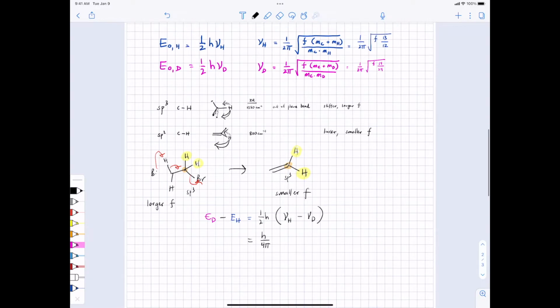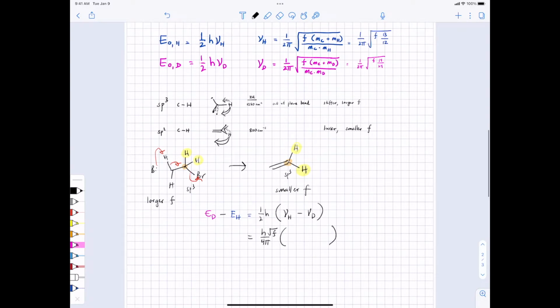And we could also factor out of there the square root of our force constant, right? So we'll put that force constant there. And then, of course, what will be left inside is, sorry, it's D minus H, the square root of, for D, what is that, 14 over 24 minus the square root of 13 over 12, or something like that.